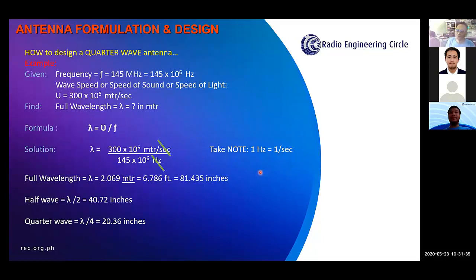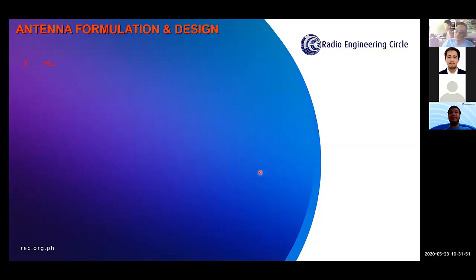Baliktarin natin ang computation dito, hinanap natin kung ano yung quarter wave. What if kung 19 inches naman? Anong frequency ba nag-ooperate yung 19 inches? Saan mababa ang SWR nun? Reverse to determine the frequency. Example, quarter wave, 19 inches.